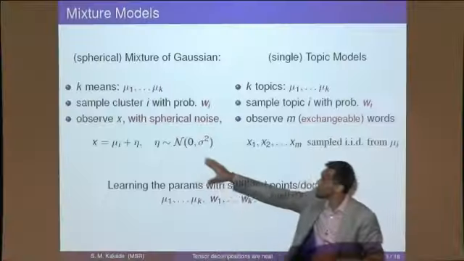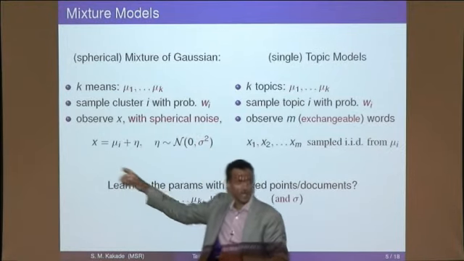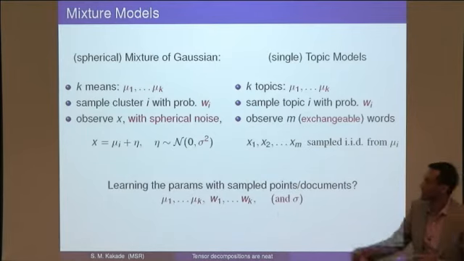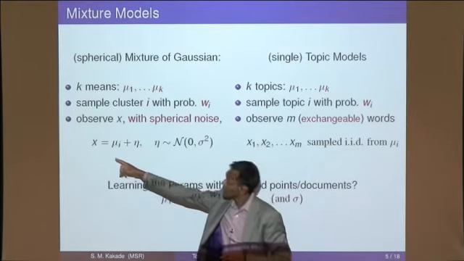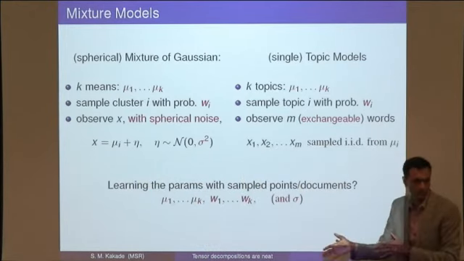OK. And Nikhil? Yeah, in the topic model, you only see all the samples are from just one. No. So we see multiple documents. So in the mixture of Gaussians, one x is a point. In the topic model, you see multiple documents. So think of the analog of x here to be m points, and we see multiple documents.